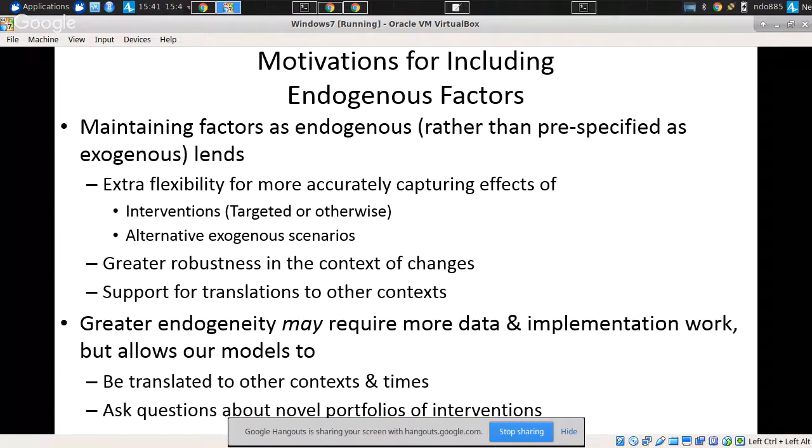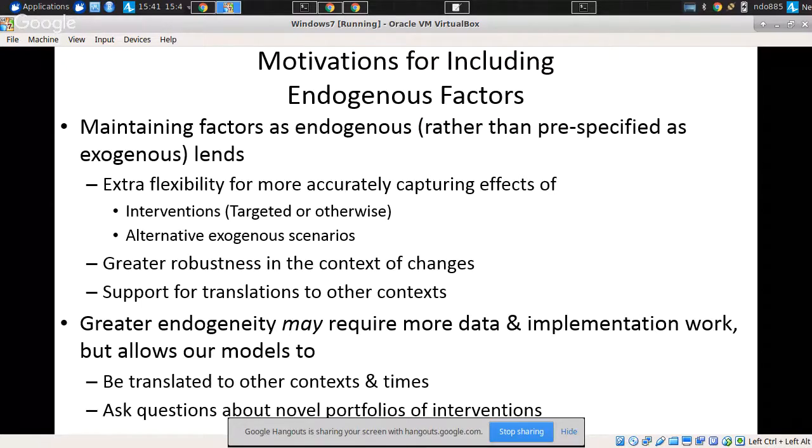In order to do so, we need to represent certain factors within the model. We're interested in having a model, for example, that translates to other contexts, and pre-specifying things in a fixed way may not be nearly as flexible as having it generate situations that are appropriate for the context.